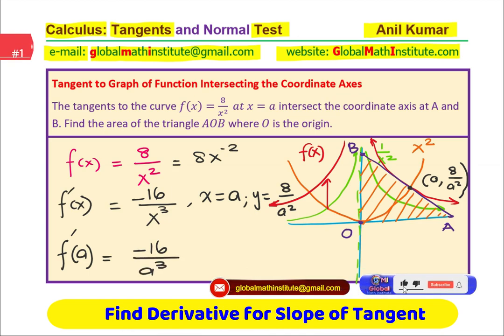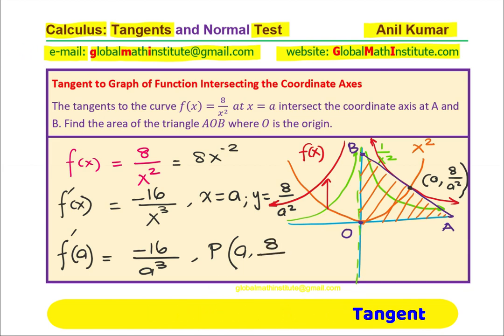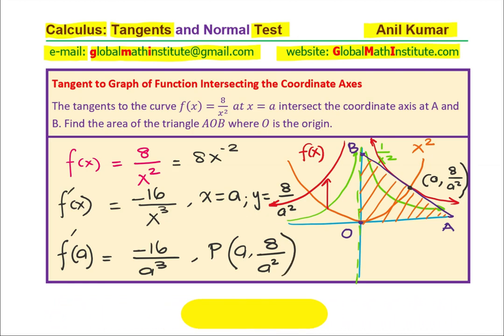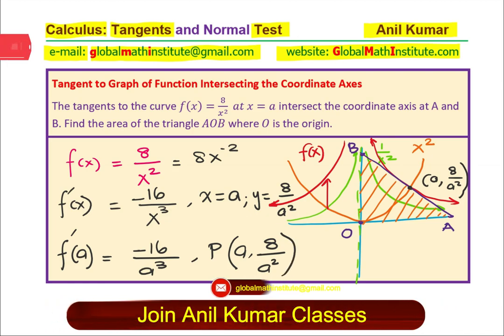Perfect. So this is at a point P, which is A, and the y value being 8 over A squared. So we are looking at the right half. A could be a negative value also. Definitely in this function, x is not equal to 0, but it could be any other value. So that becomes the slope of the tangent at a given point.